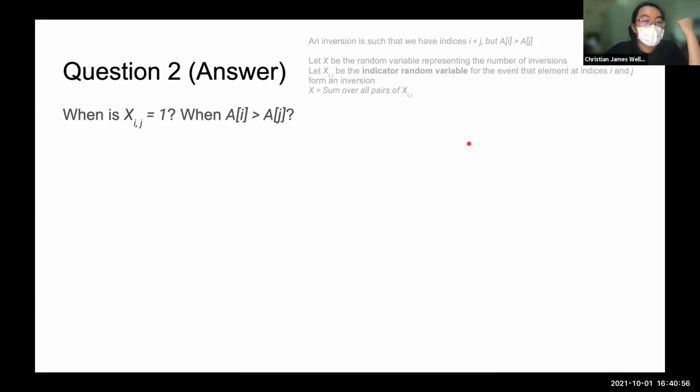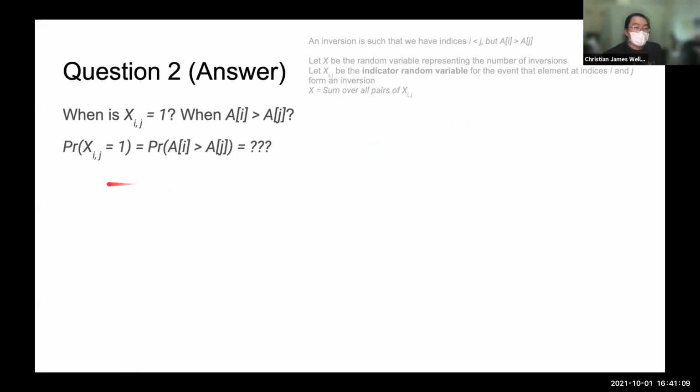By the definition of an inversion, it is when a_i is greater than a_j. So the probability of X_ij being 1 is the probability that the left element a_i is greater than a_j.